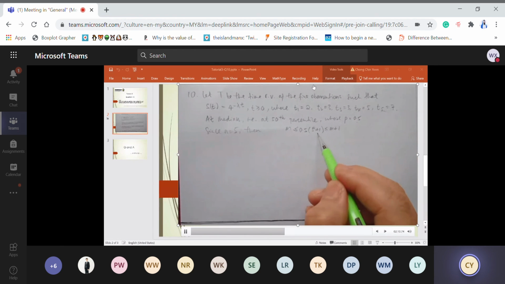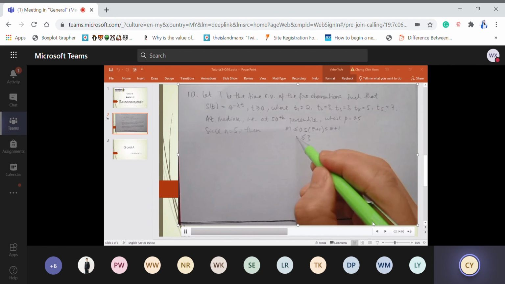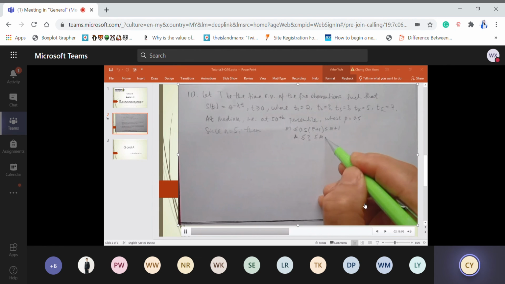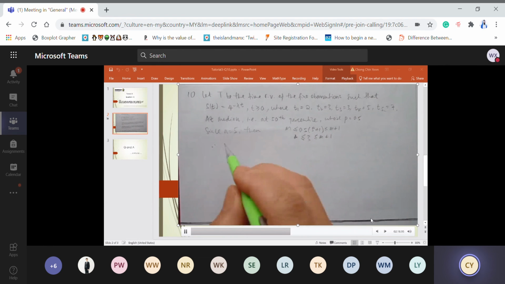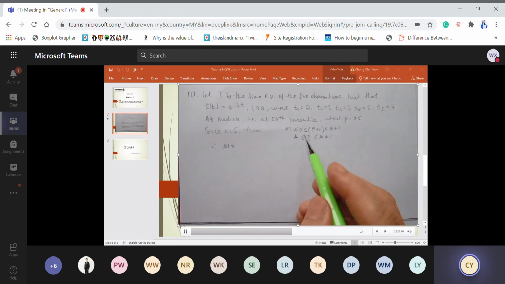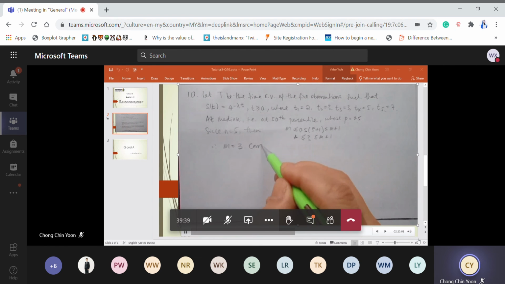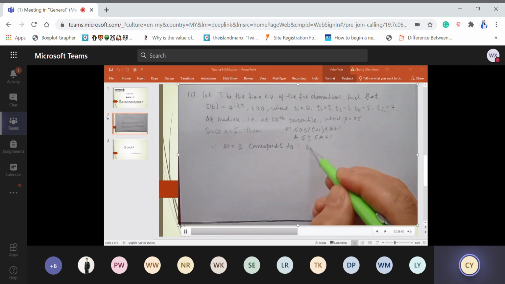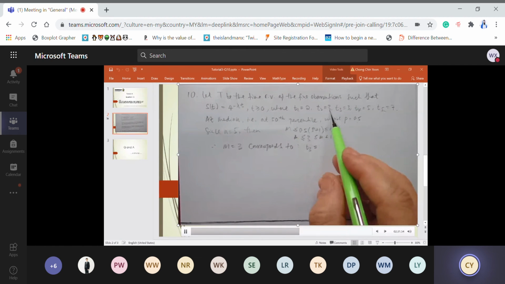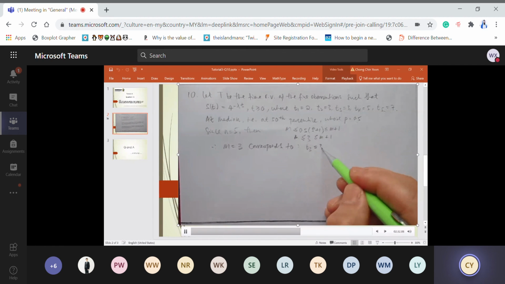So this is equal to 3, which is bounded between m and m plus 1. Therefore, we choose m as 3, which corresponds to the third data, T3, which is 3, and the fourth data, T4, which is 5.